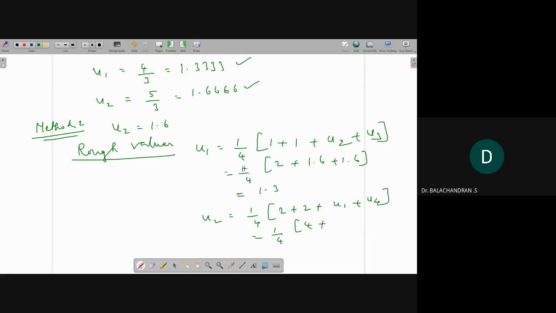Both of them are the same, which is equal to 1.3 plus 1.3. So the final answer is 1.65. So you know the values already, U1, U2. So first iteration, second iteration, at least you should go for 4 iterations, you will get the same answer. So I'll go to the next problem.